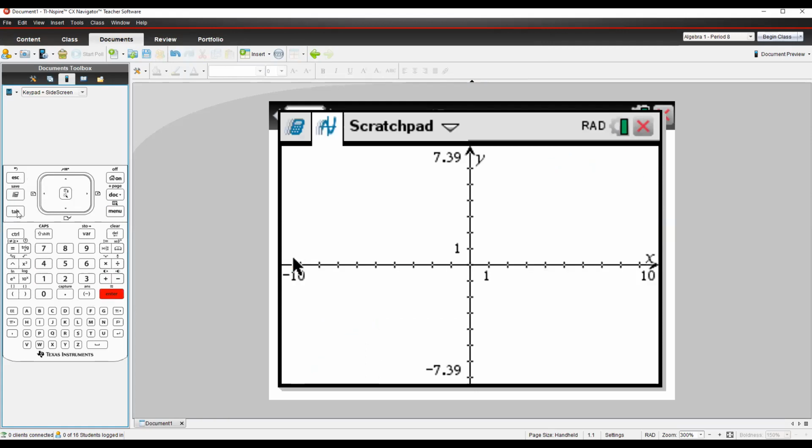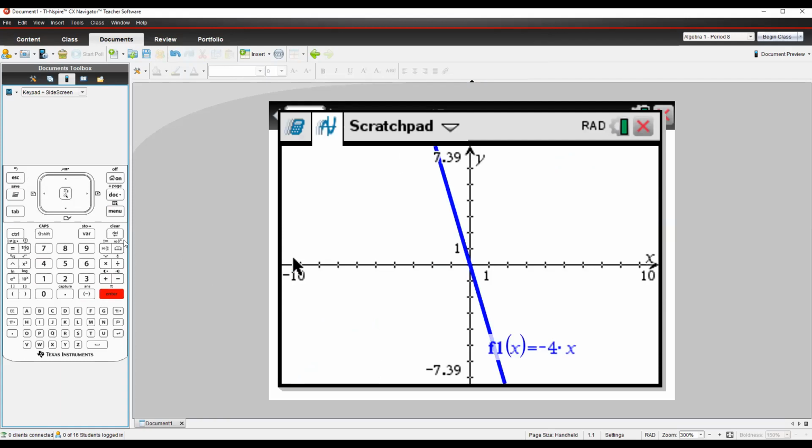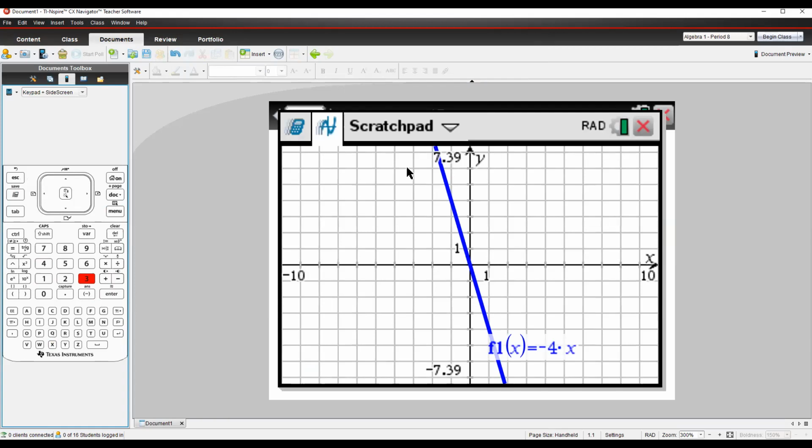So if I put in -4x and then set the graph, you can see it's going down, it's going through the origin, 1, 2, 3, 4 over 1. You can see it's going through the corner here. So that's basically what we have on our graph right here.